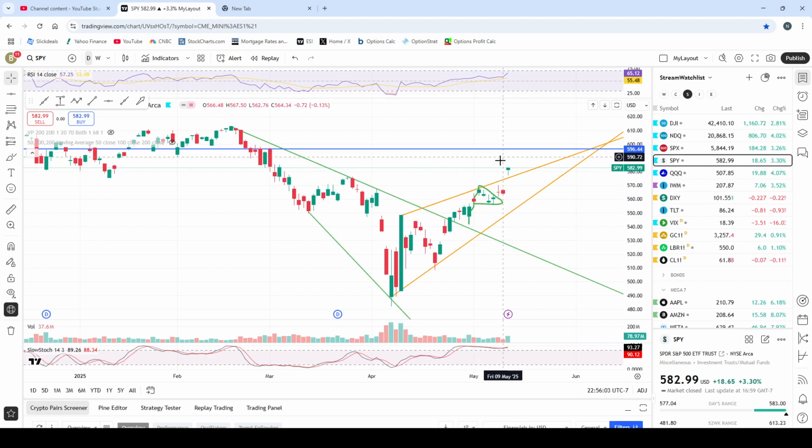Plus, for the pattern, it broke out of the trend line, the channel, and even if we get another small bounce tomorrow, most likely this week it will come back, test this orange line, and I do expect it to come back to about 570 to test.